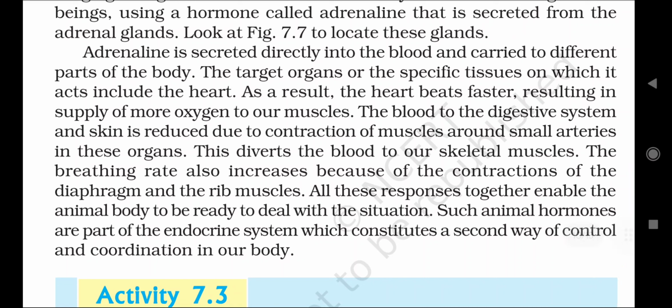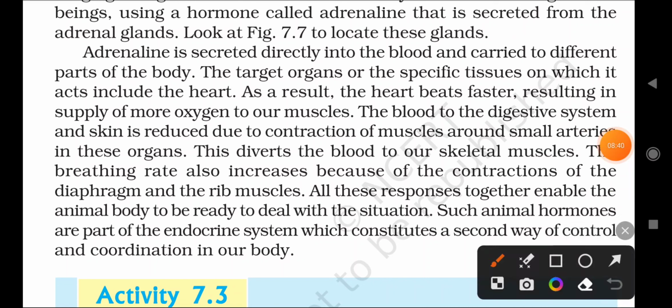Okay, next comes, what are the causes or consequences happening in the body during secretion of the adrenal hormone? When the adrenal hormone is secreted by the adrenal gland, what type of effects on the animal body will be observed?